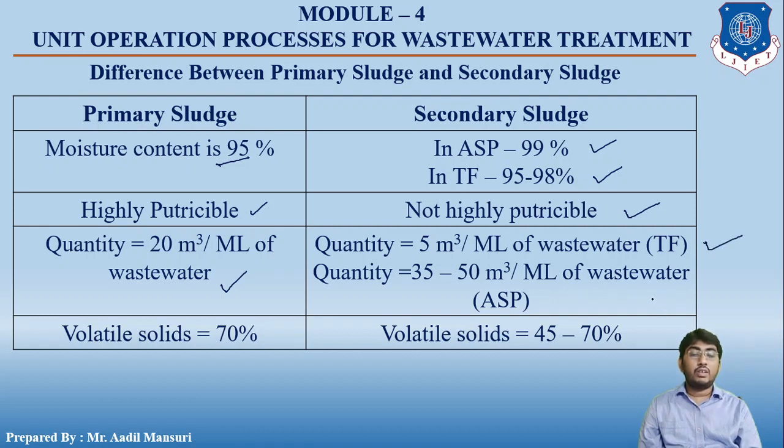If the secondary sludge is coming out of activated sludge plant, then the quantity is between 35 to 50 meter cube per million liter. Now the primary sludge contains volatile solids of 70%, whereas secondary sludge contains volatile solids of 45 to 70%.